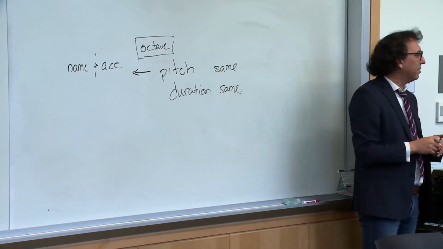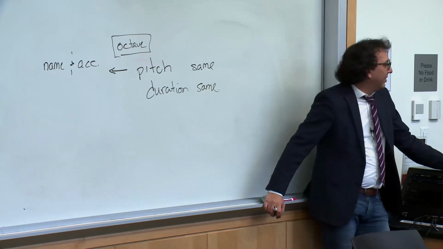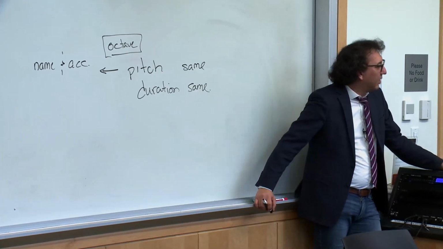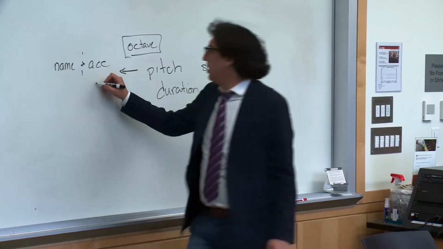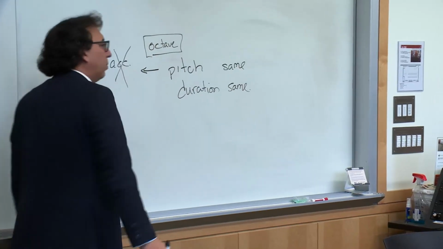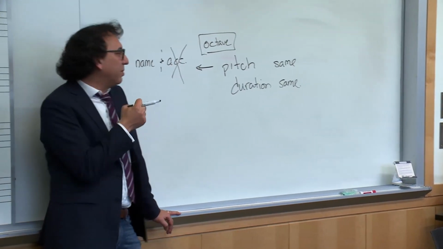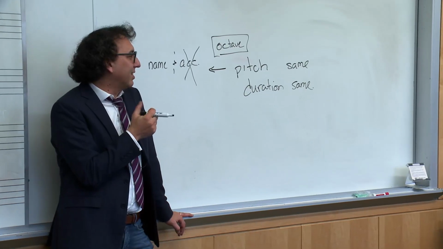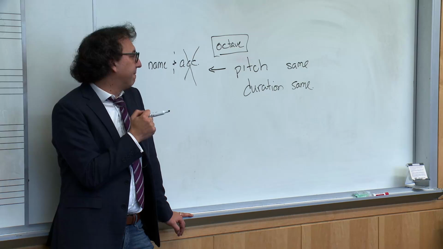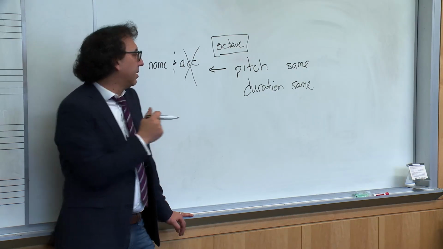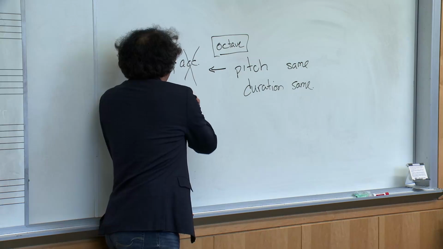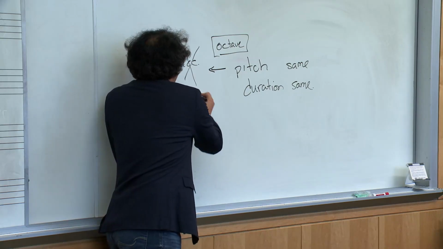Anybody else want to jump in? I wouldn't say that the accidentals have to be the same. You wouldn't say that the accidentals have to be the same. So give me an example of something that would be the same without. D flat and C sharp.